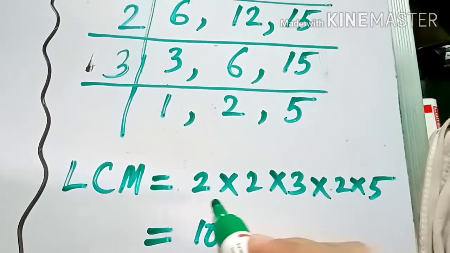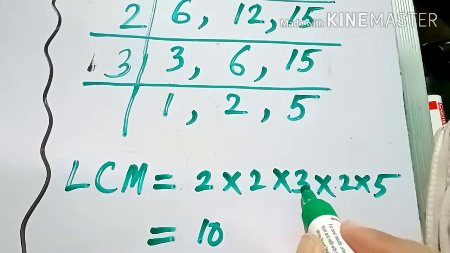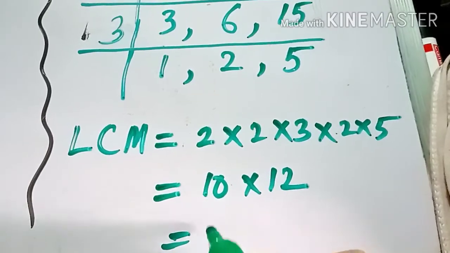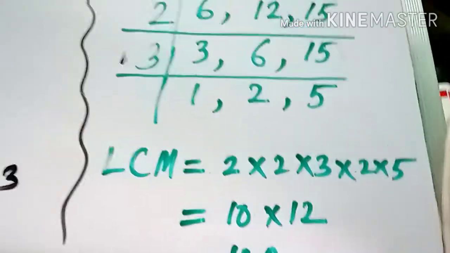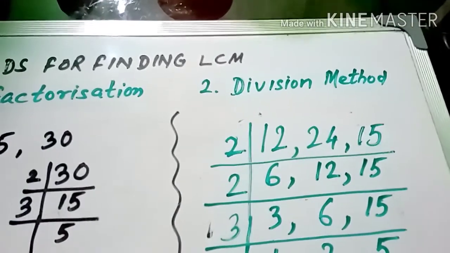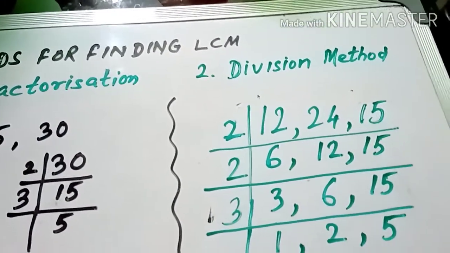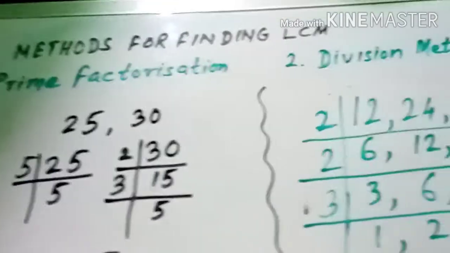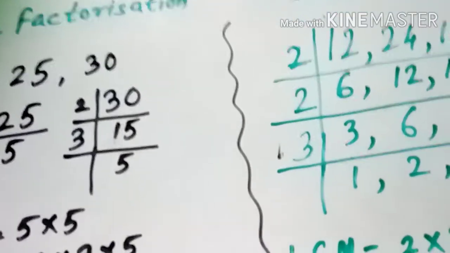So we write here the remaining numbers. 2 2s are 4, 4 3s are 12. So the product is 12 1s are 12, then a 0 here, making 120. So this is how we find the LCM. By the division method, for 2 or more numbers you can find the LCM. I hope you can understand the video.